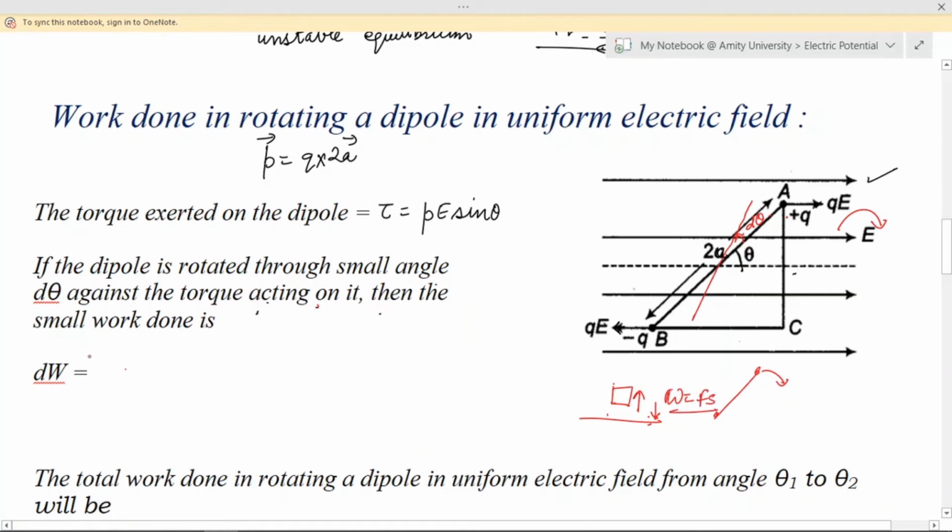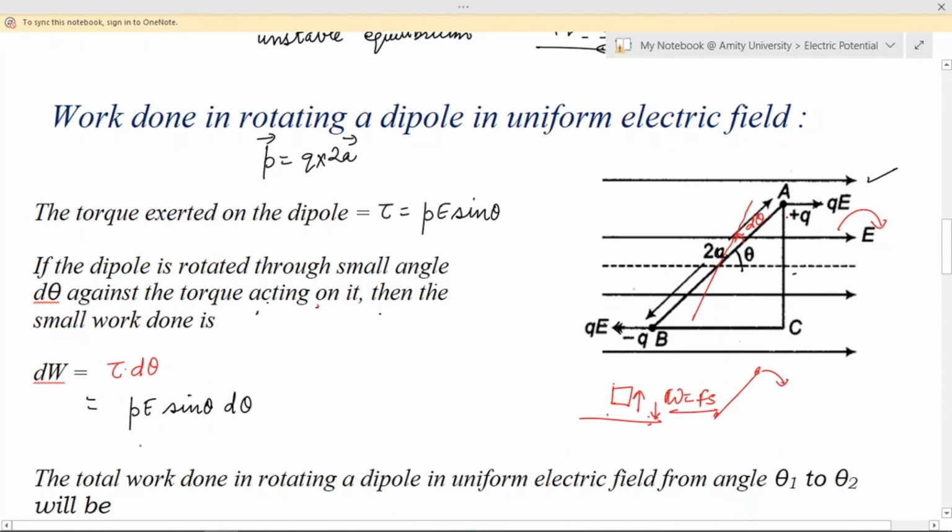But since it is a rotational motion, work is done against a torque. So it will be torque into d theta. Small work done will be equal to torque into d theta. Substituting the expression for torque, we get this is equal to PE sine theta d theta.